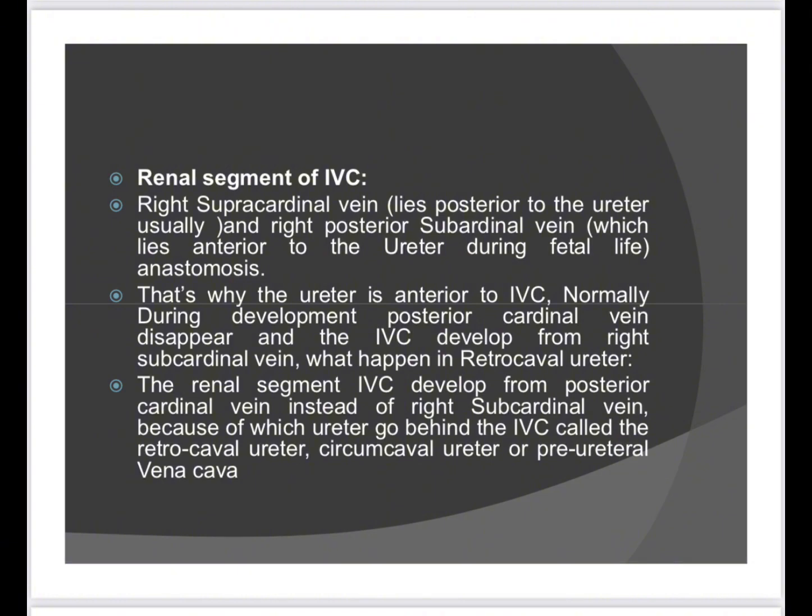So there is a problem in the disappearance of the posterior cardinal vein. When the posterior cardinal vein fails to disappear or remains persistent, it leads to retrocaval ureter, which is also called circumcaval ureter or pre-ureteral vena cava.